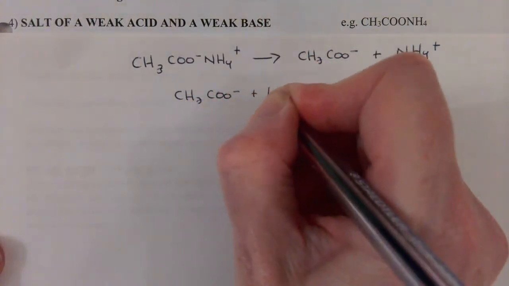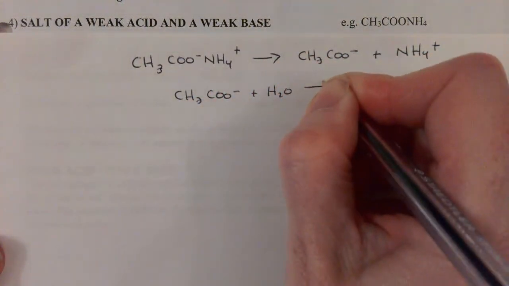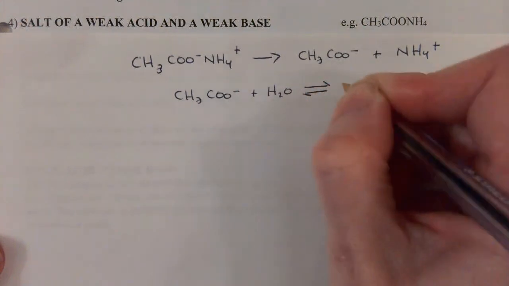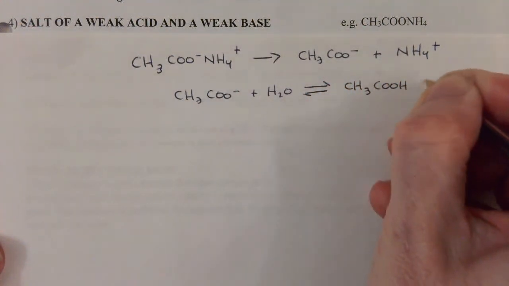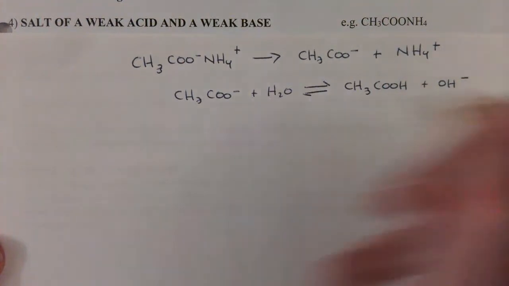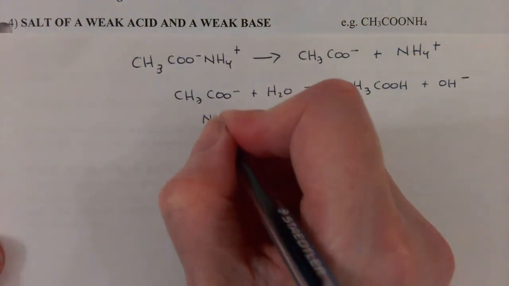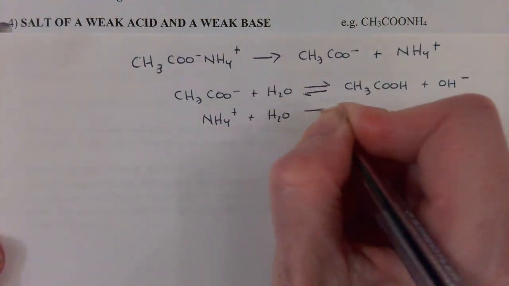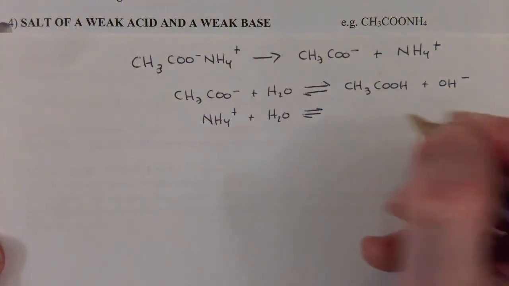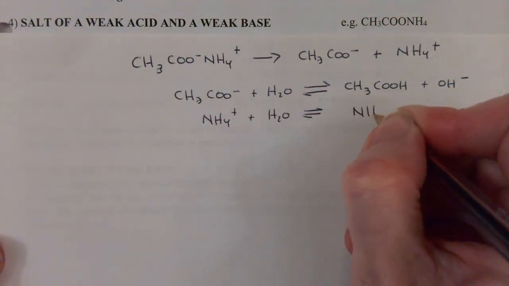CH3COO negative will react with the water and produce an alkali solution, the OH negative, so that'll be alkali, but the ammonium ion again can react with water to produce an acidic solution.